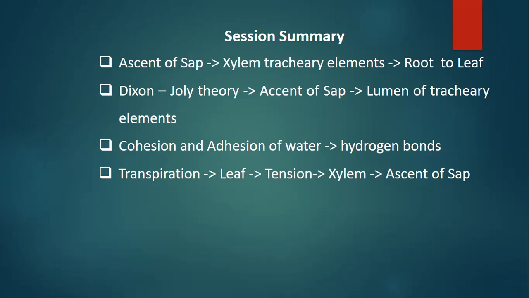Another is transpiration, which takes place in the leaf region, creating a tension in the xylem in the vicinity of mesophyll cells. That tension, or transpiration pull, is transmitted to the root region, which allows the ascending of water from root tip to shoot tip. So this is about ascent of sap.